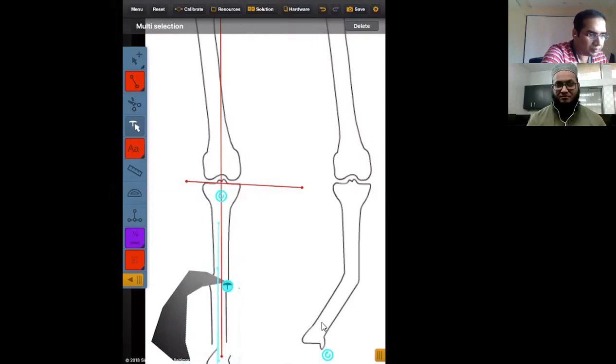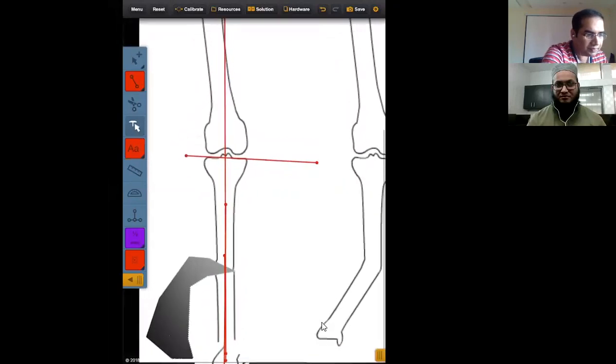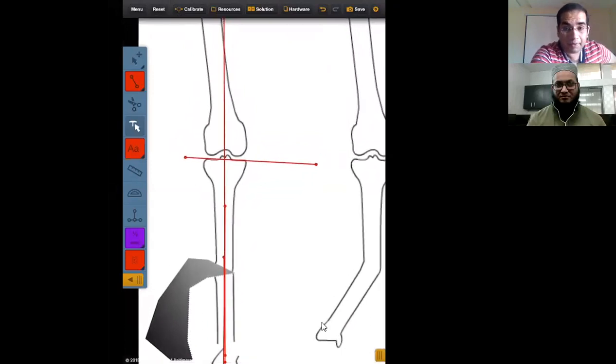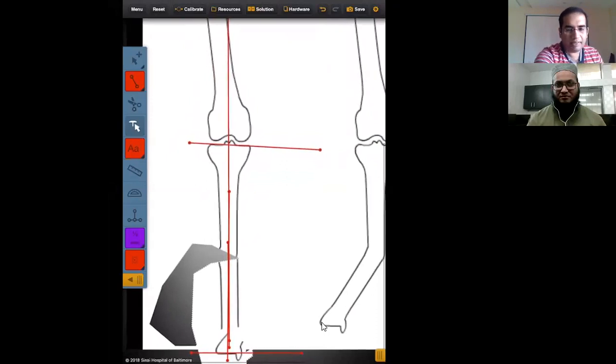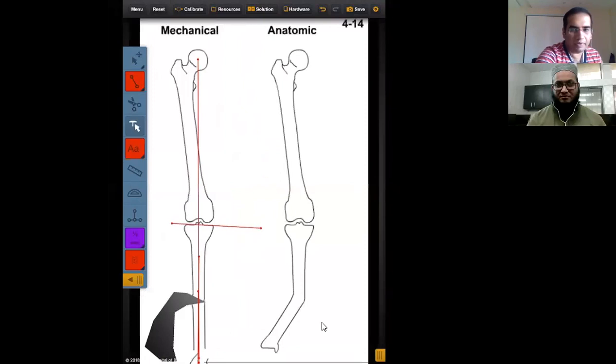Since I did not do the osteotomy exactly over the CORA, now as you can see, the ankle has been restored and the shaft is normal. This has corrected the deformity. This is how you plan and correct the multi-apical deformity.